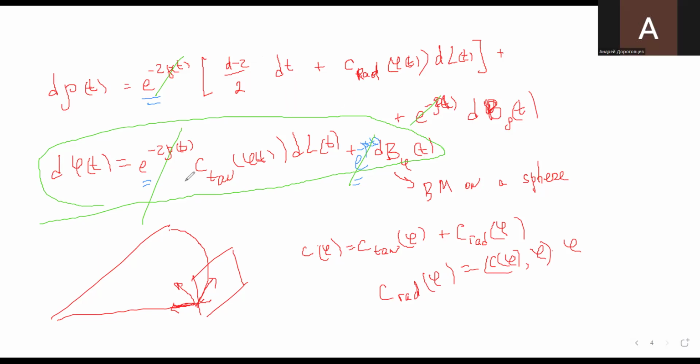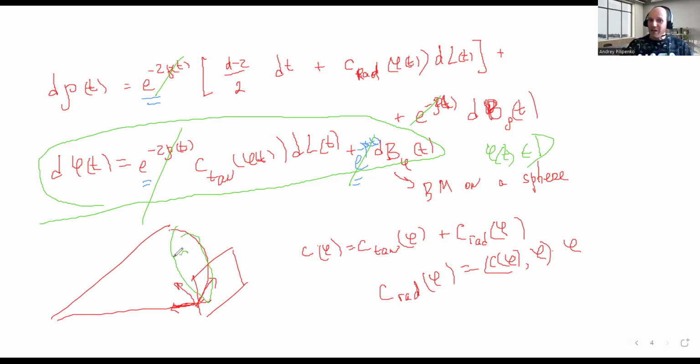And really, let's look at this equation. Phi of t belongs to this part of a sphere always. This L may increase only when phi hits the boundary.